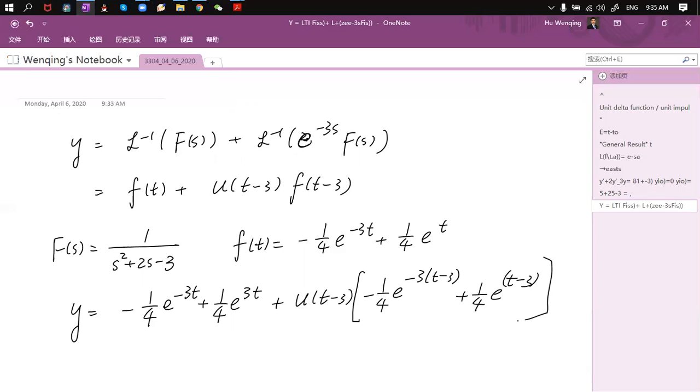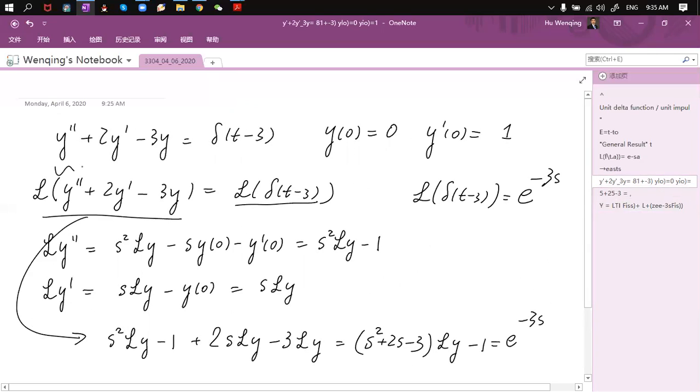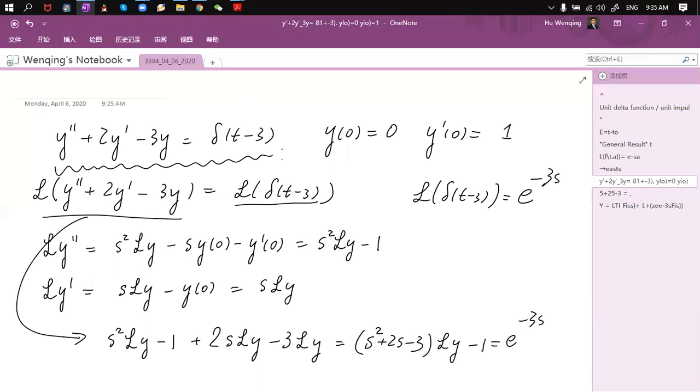Okay, so that's the whole process of how you solve a differential equation like this. You can see that it makes a very synthetic use of all the techniques that we have been learning so far. This is not so simple.